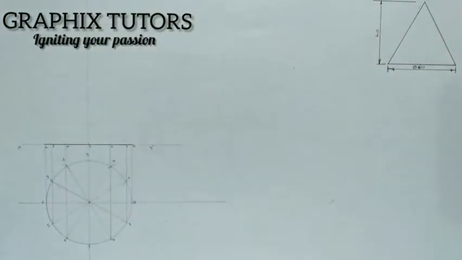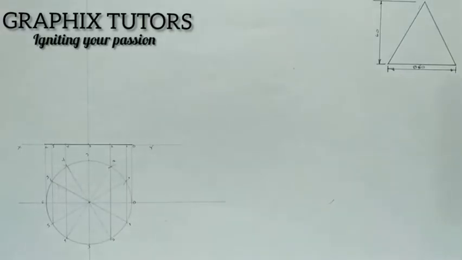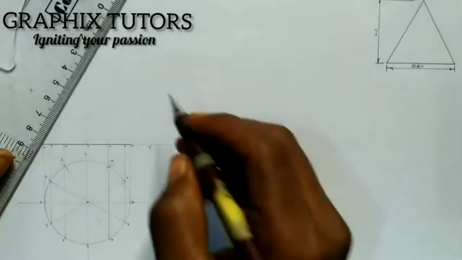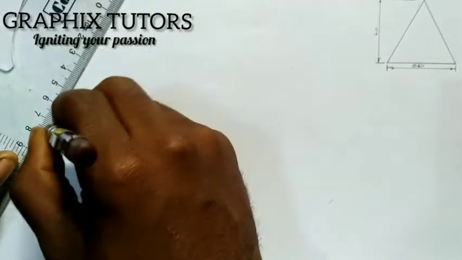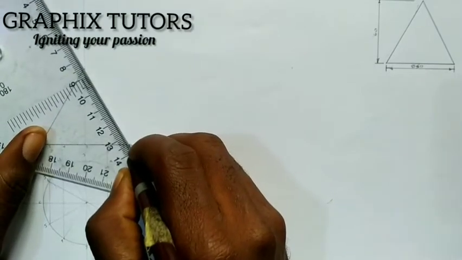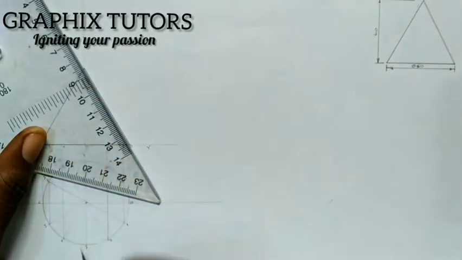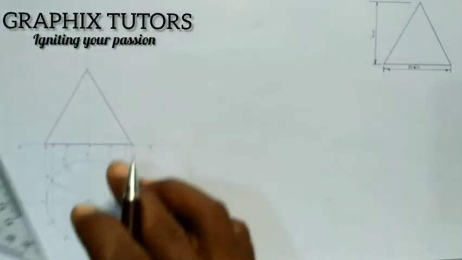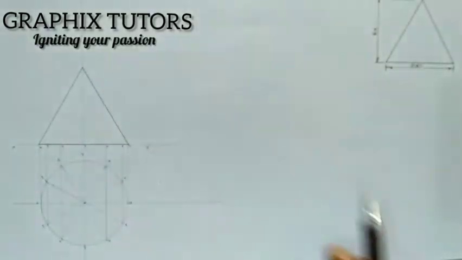So measure your 60 and you join. Come here also and you join. Right? So what I later did is that I made the height to be 45, right?